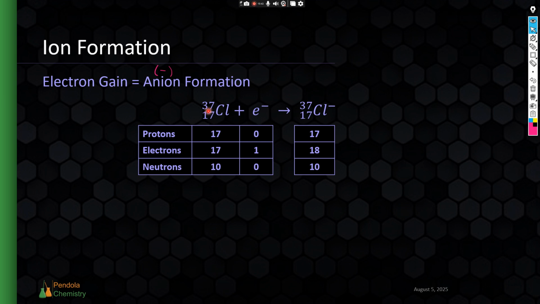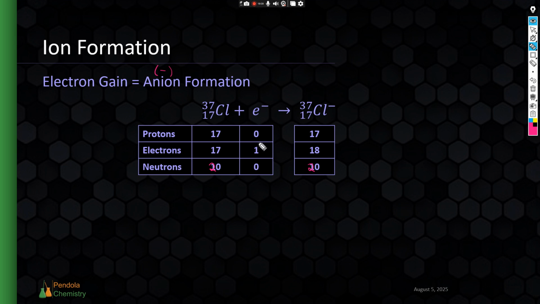So it has 17 protons because of the atomic number, 17 electrons, and 20 neutrons. It has 20 neutrons because 37, the mass number, minus 17 gives us those 20 neutrons.